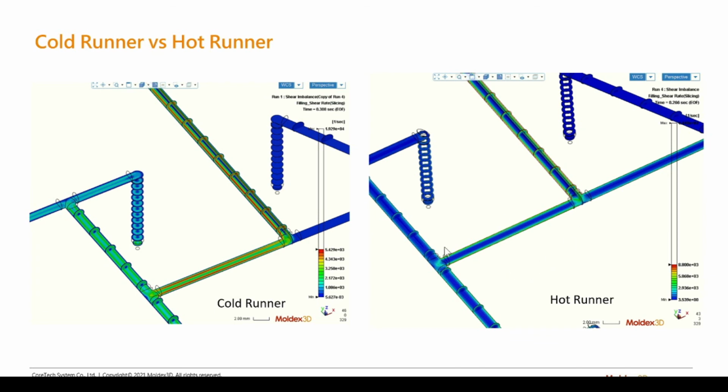So although these two types of runners are slightly different because there's no frozen layer in the hot runner, they do undergo the exact same phenomenon, and you'll see that the shear-induced imbalance through a hot runner system is going to follow the same trend as a cold runner.